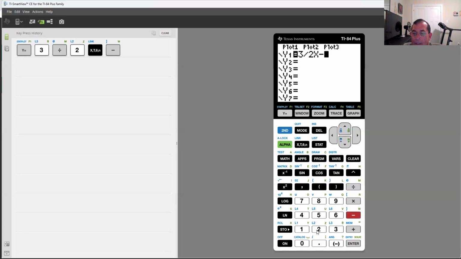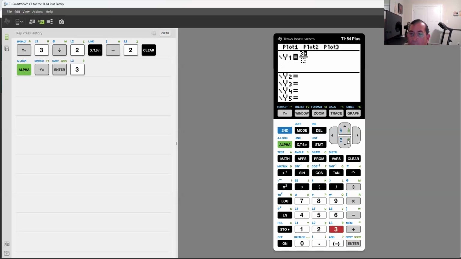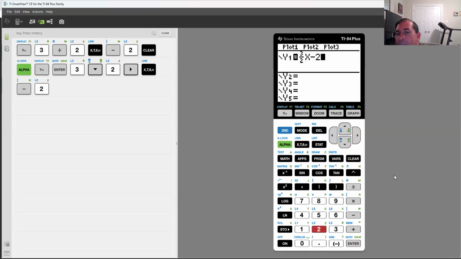And then I had minus 2. Y'all, that is one way you can put this in. Let me show you the other way. If you want the 3/2 to look like a fraction, you can hit the green alpha button and the Y equals button. Number 1, n/d, that's numerator over denominator. So if I hit enter, I can then put my 3 on top, arrow down, put in my 2, and then arrow right and put in my X minus 2. So either way, 3 divided by 2, then the X, or you can make it look like the actual fraction.